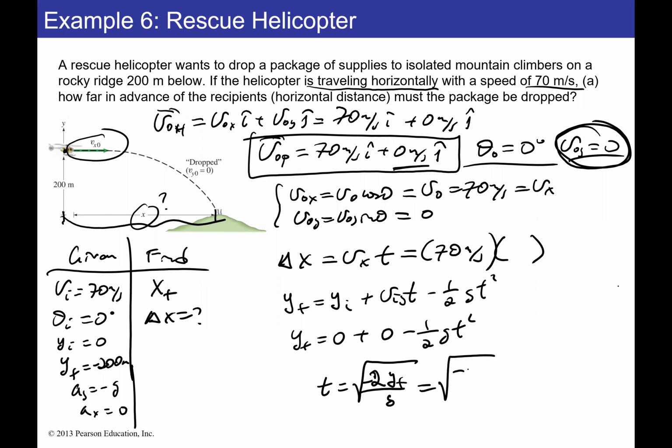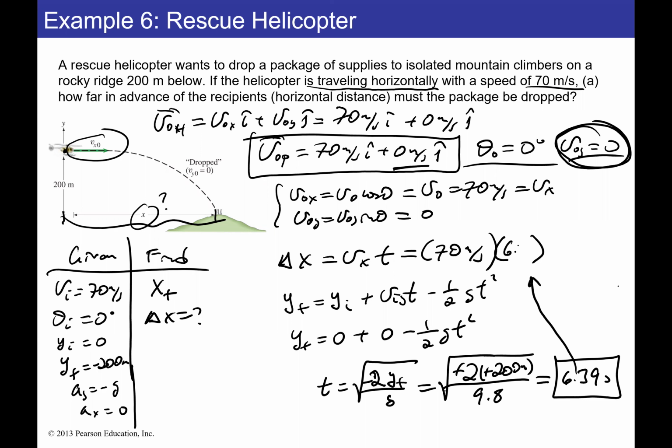So it's going to be negative 2 times negative 200 meters, so the negatives cancel out, divided by 9.8, and I'm going to calculate this to be 5.71 seconds. All right, sorry guys, 6.39 seconds. Then I take it and move it here, 6.39 seconds, and I calculate my displacement, which is roughly 450 meters. There you go. And that's what I have for this one.